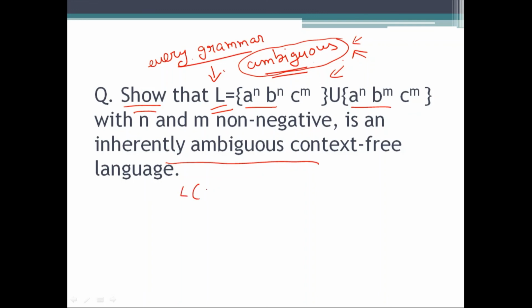What is the language generated by a grammar? Mathematically, tell me, what should I write? Anyone? The language generated by grammar G is what? At least 10 to 20 times I have talked about this.